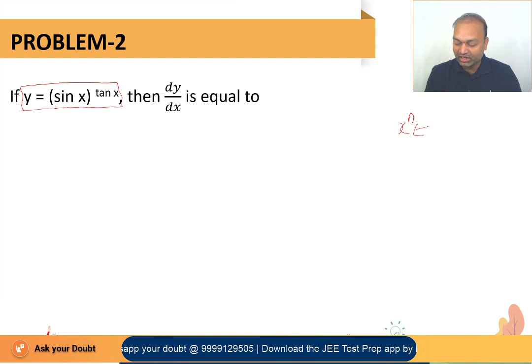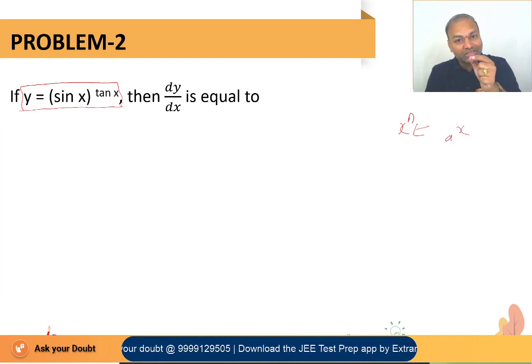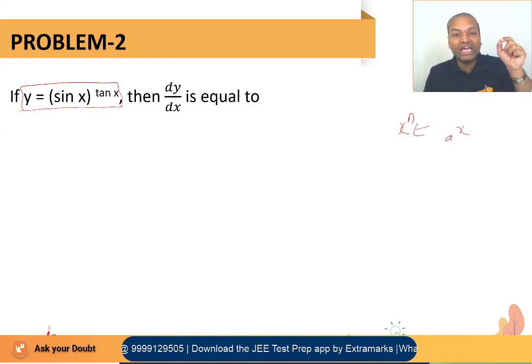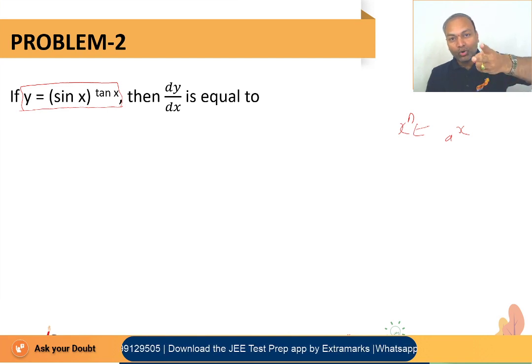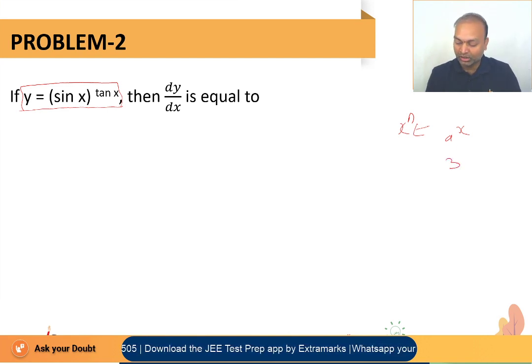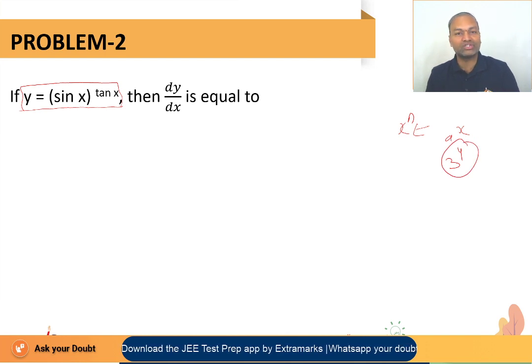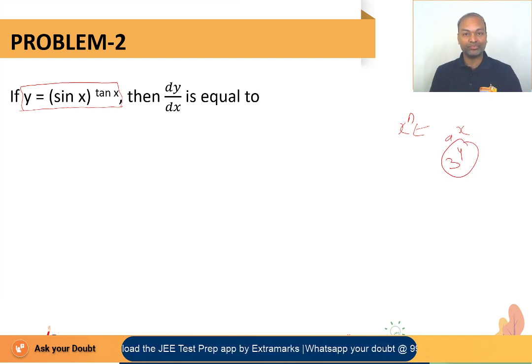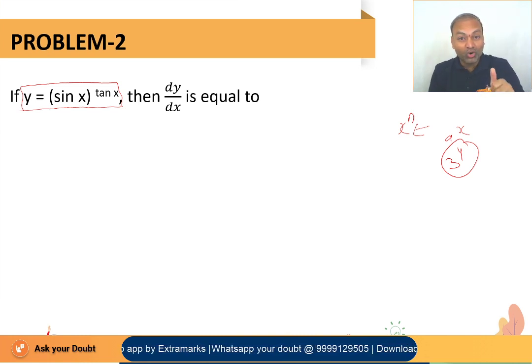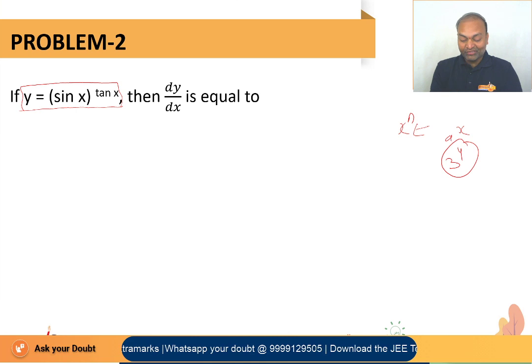Suppose if the base is constant, apply the derivative of a power x form. If both are constants, for example 3 power 4, the total part is constant, and the derivative of a constant is 0. Suppose the base contains the variable x, and the exponent also has x, then the given problem is in the form of f of x power g of x.